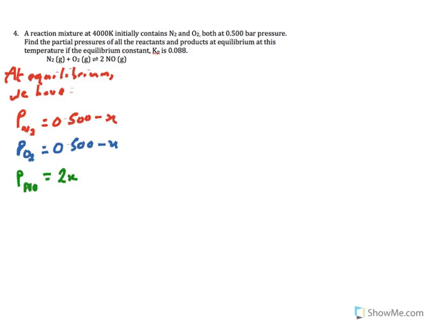Now, we know that Kp is equal to, using the same formula as before, P of NO, or the partial pressure of nitrogen monoxide, because that is our product, divided by P of N2 times P of O2.